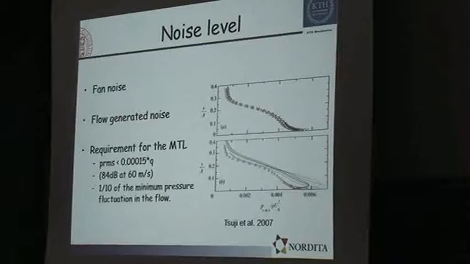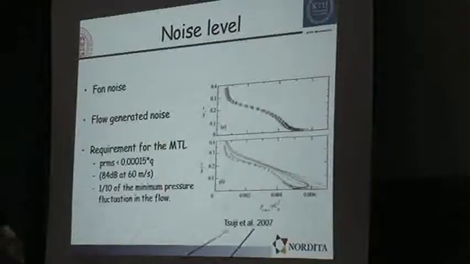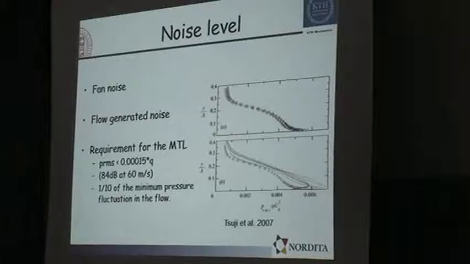instability modes acoustically. The requirement that was set for the MTL is 0.15 times 10 to the minus 3 times the dynamic pressure. These are measurements made by Tsui of the pressure fluctuation, so it's the p_rms divided by the dynamic pressure, 2 times the dynamic pressure.